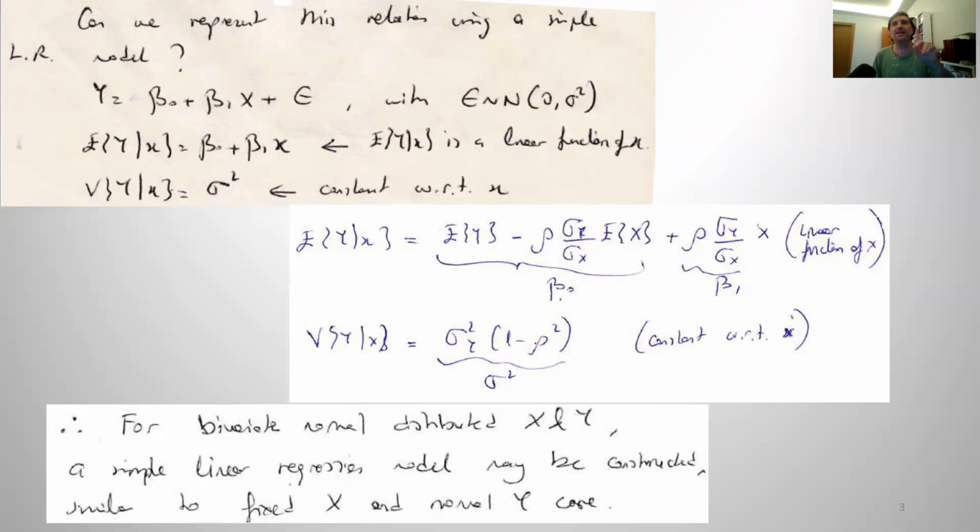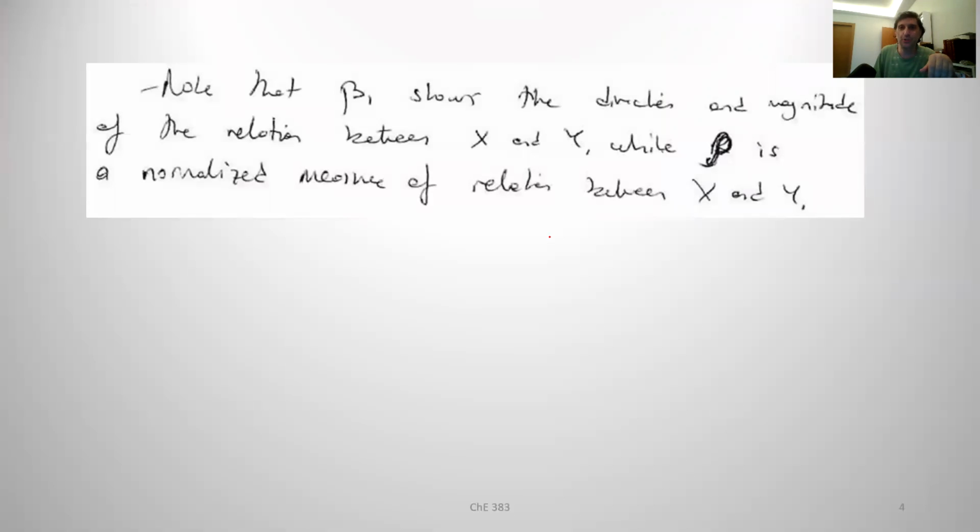Note that fixed doesn't mean that it's going to be constant always. The experimenter fixes it at a specific value. That's also why I call it a mathematical variable. And the same model structure will be valid, or can be constructed, for a bivariate normal distribution.